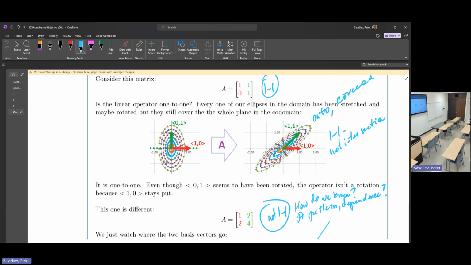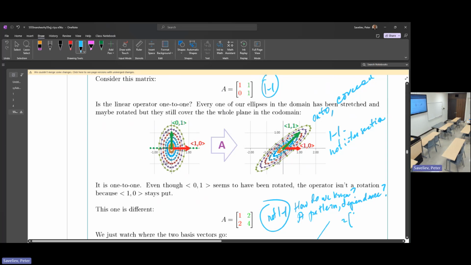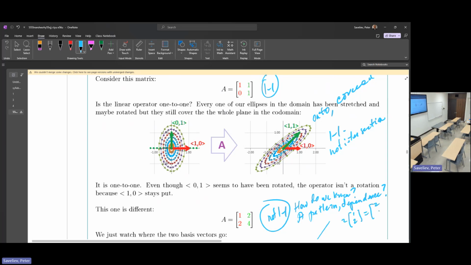They colored it on purpose. 1, 2, 2, 4. What's the pattern? Multiplication by 2, that's right. So in fact, I take 1, 2 and multiply it by 2, I get 2, 4. That's the dependence, and it is important.